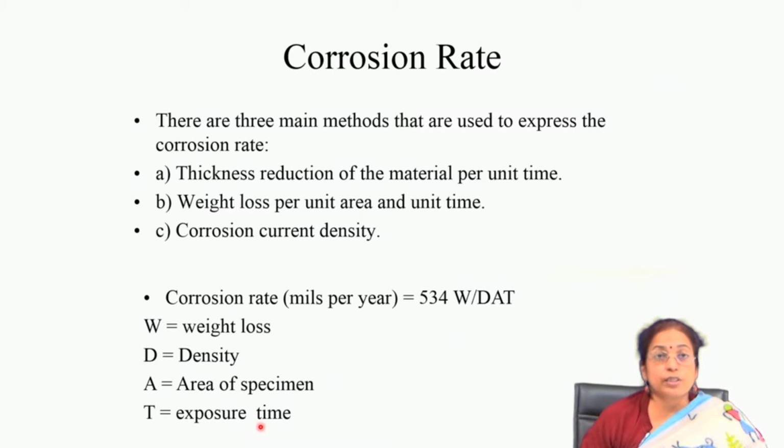Now, corrosion rate can be measured in 3 different ways: thickness reduction of the material per unit time, or weight loss per unit area per unit time, or corrosion current density.